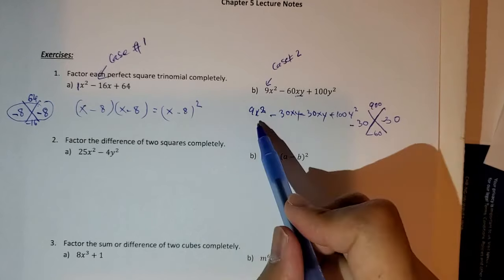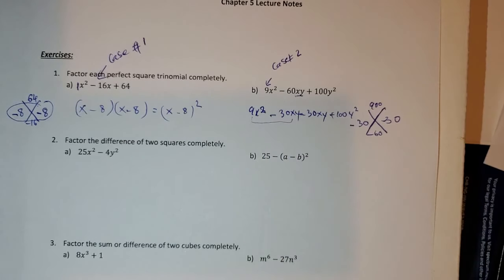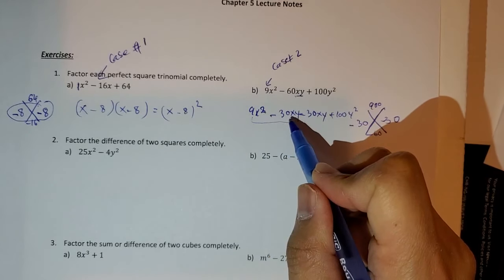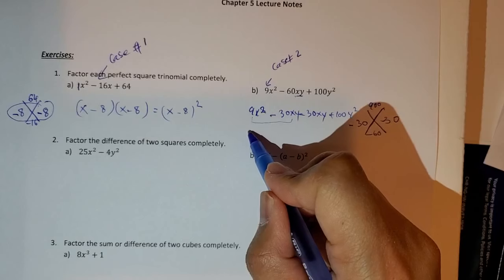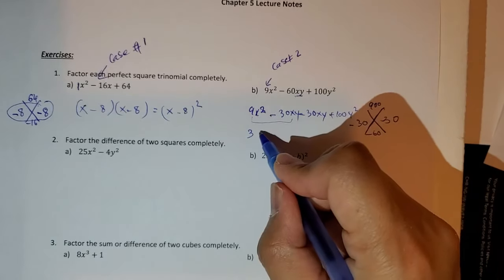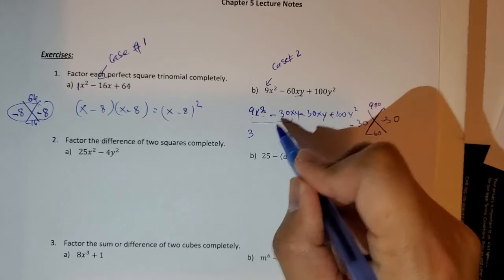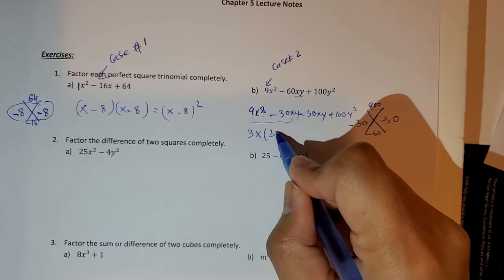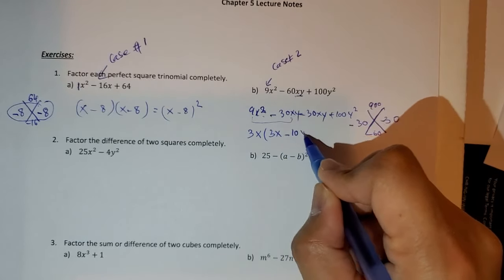Now we have to factor by grouping. Between these two, I can pull out 3, because they are both divisible by 3. And I also have to pull out x because they both have x in common. So I get 3x minus 10y.